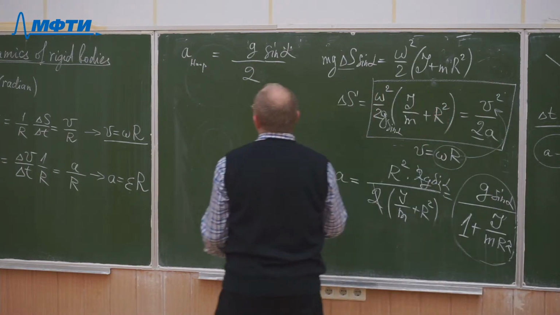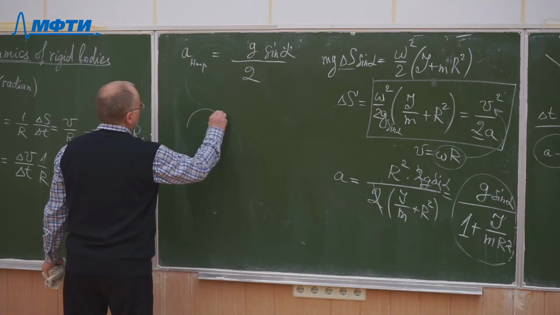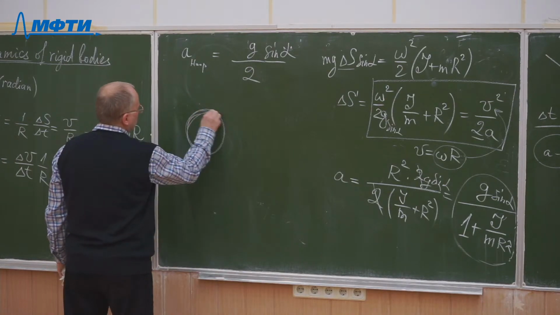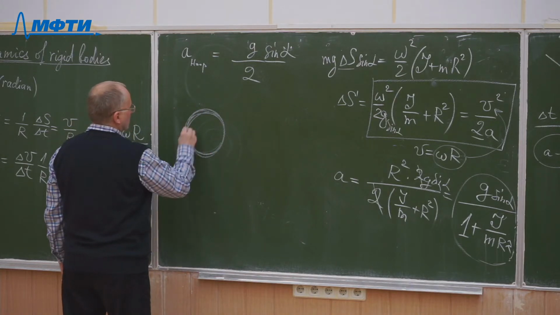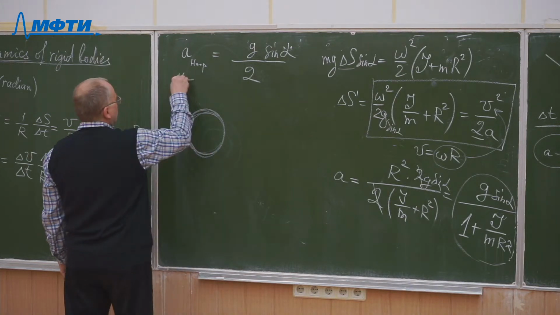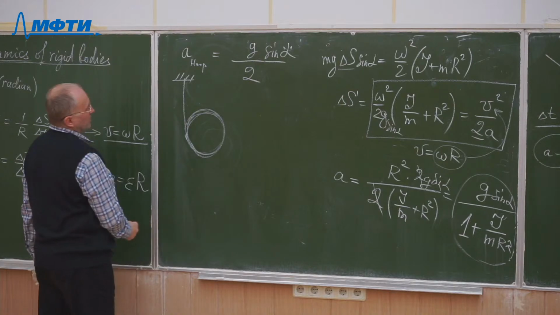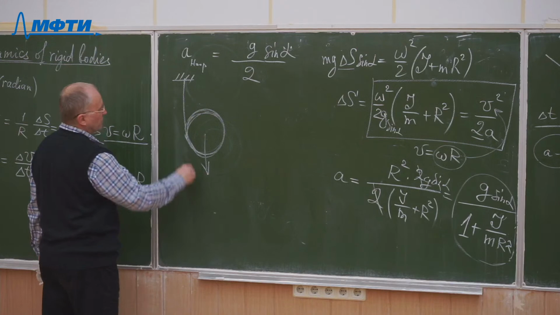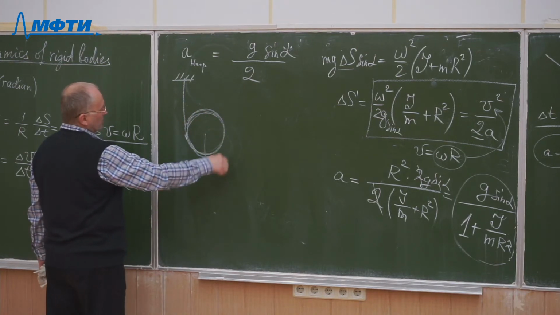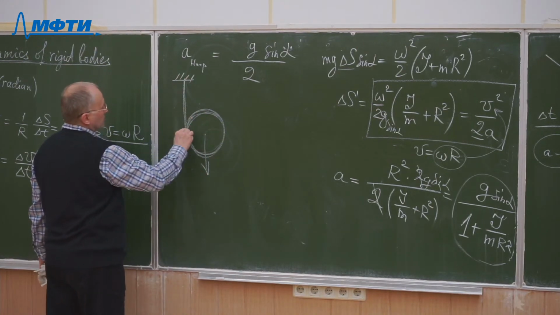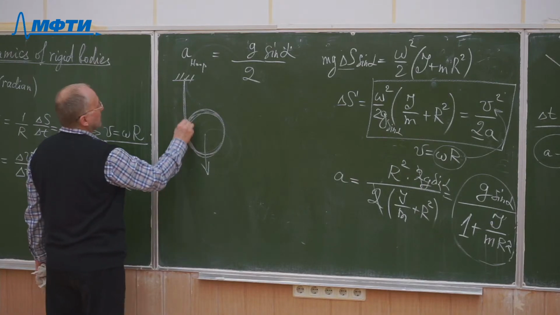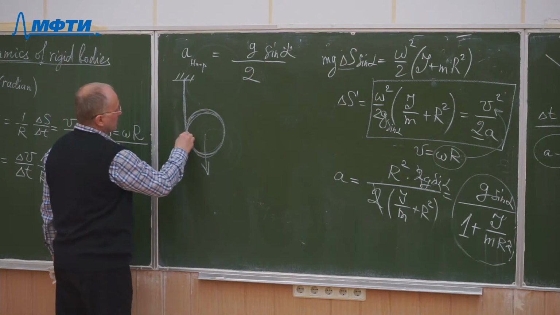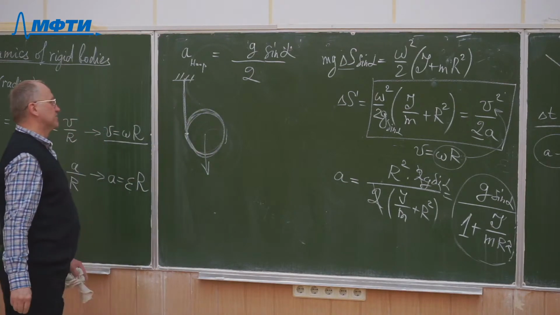That happens when the hoop has a sort of thread which is wound on it, and in this particular case the hoop falls down, but it's not a free fall, it's accelerated motion without slipping, and the inclined surface is vertical, but in this particular case it's a string which is wound on the hoop.